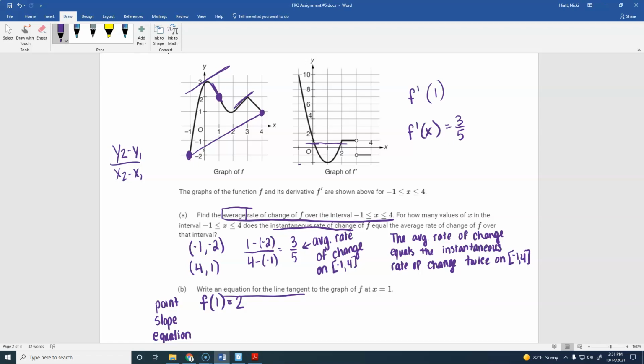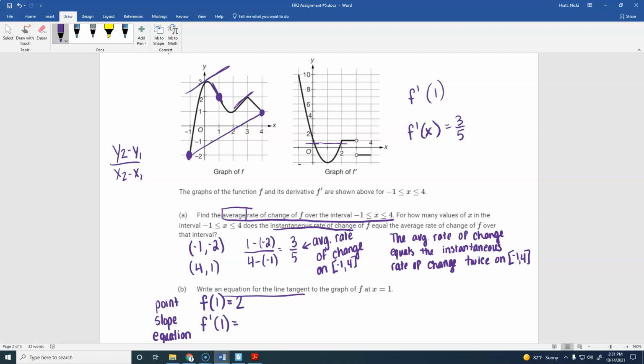Okay. Then for the slope, what do we need to know? You're still going to have to estimate a little bit. The slope is the derivative at 1. So if we want f prime of 1, we're not looking at the first graph, although you could estimate the slope, but you might be off if you do that.